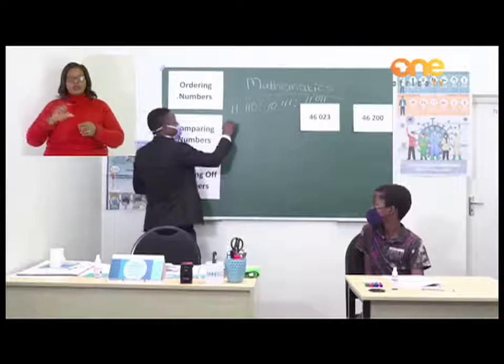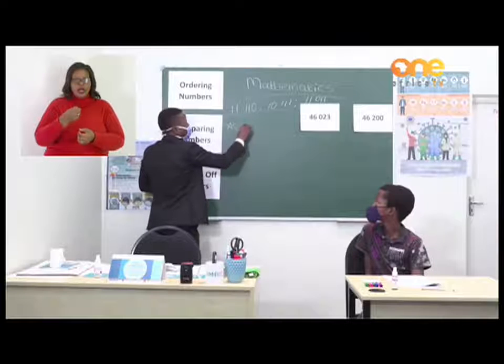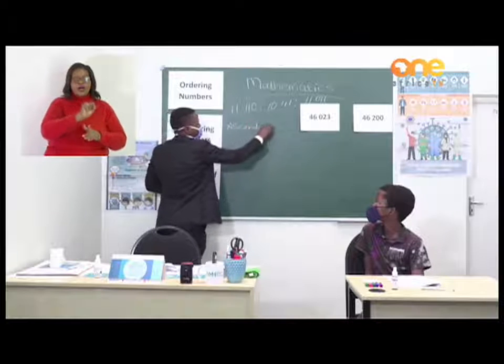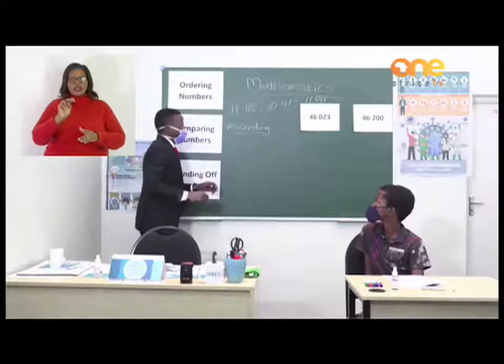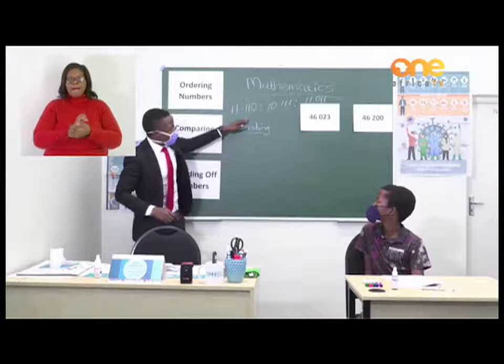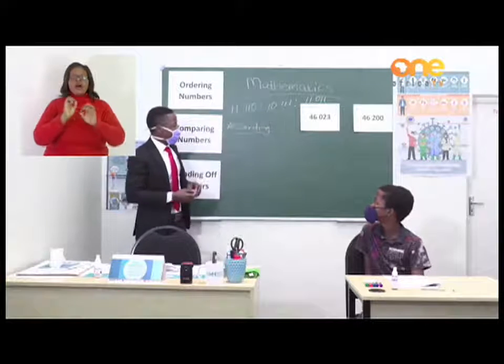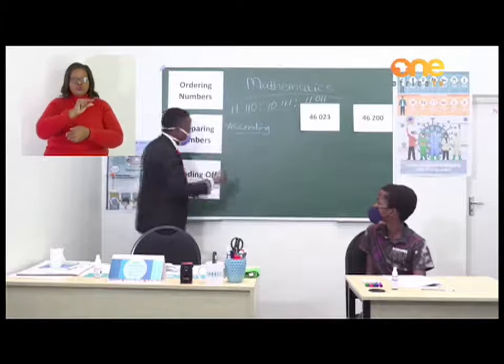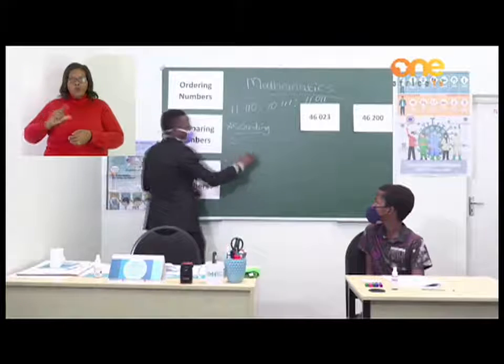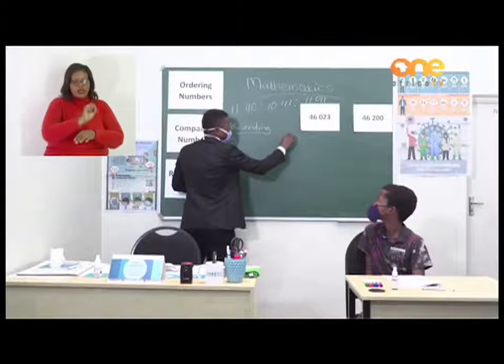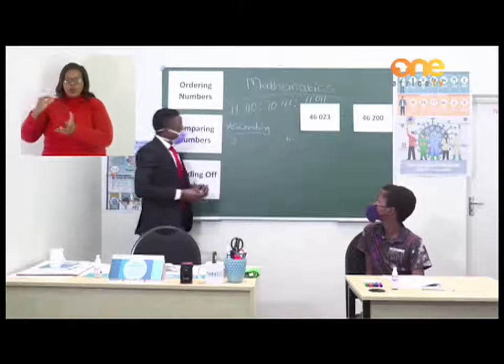Let's say we are putting them in ascending order. If I have to arrange these numbers in ascending order, I must first start with the smallest number, and I must end with the biggest number.